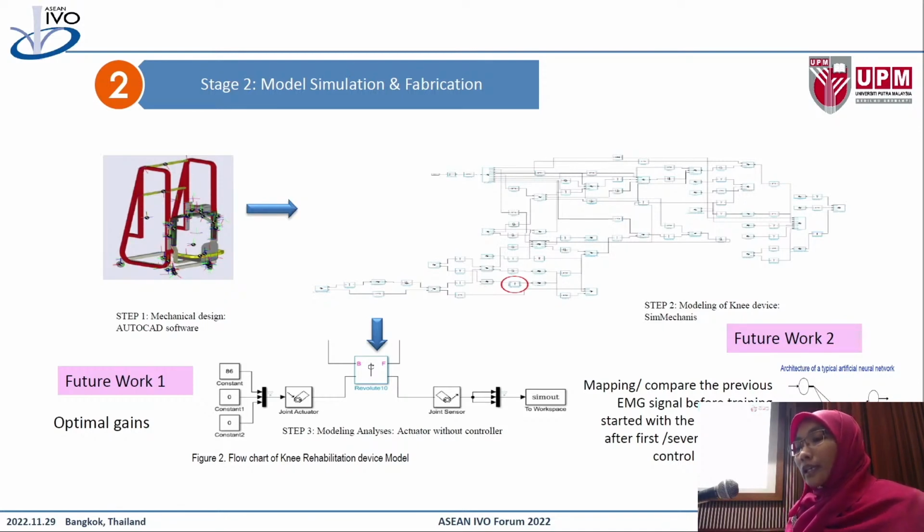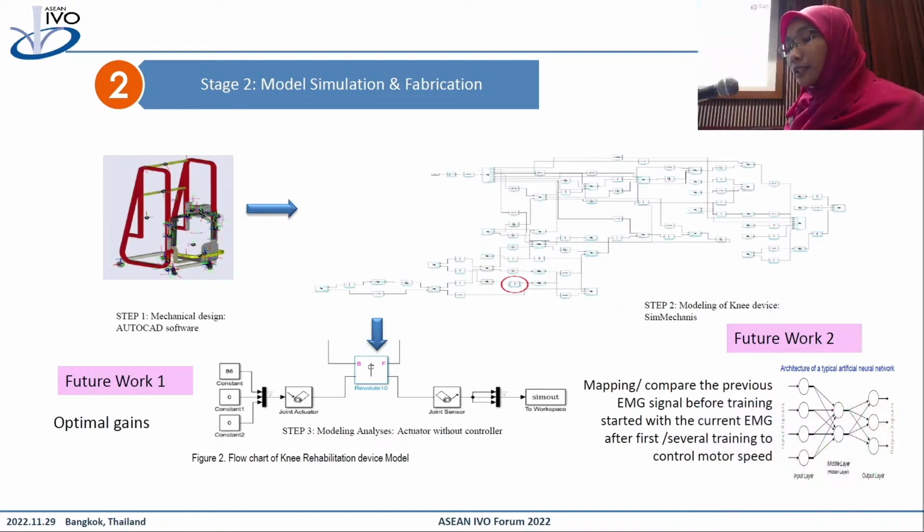Then for the second future work, we can do the mapping or compare the previous EMG signal before the training started with the current EMG after the first trial or several trials to control the motor speed, because we need to know the improvement of the muscle. So that's why we need a comparison between these two EMG, before and after.